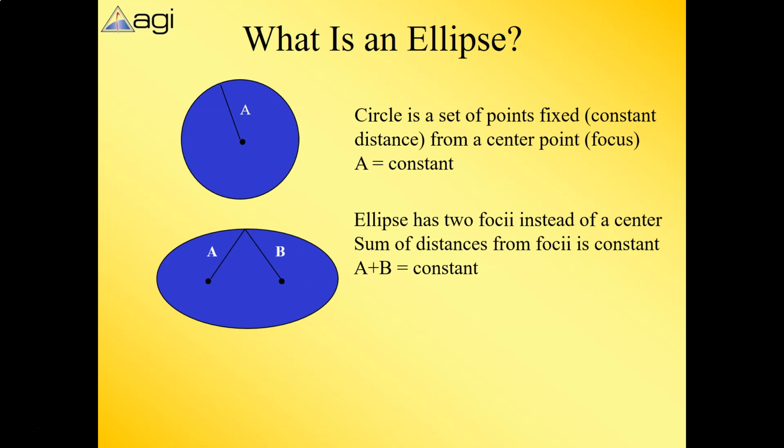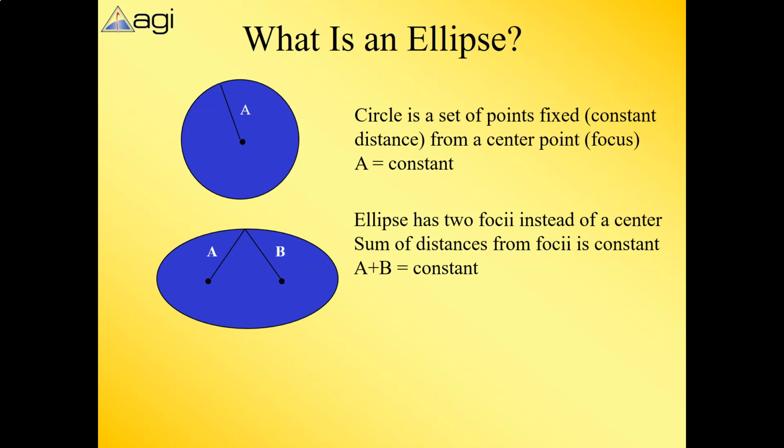This is an ellipse. Technically, both are an ellipse. A circle is a special kind of ellipse. Now, not all ellipses are circles, but all circles are technically considered ellipses. An ellipse has two foci instead of just a center. The sum of the distances from the foci is constant.